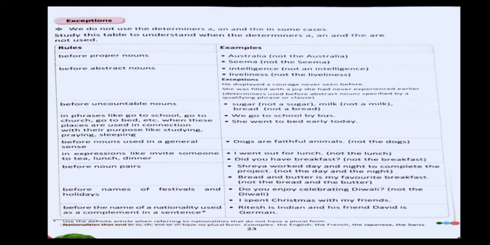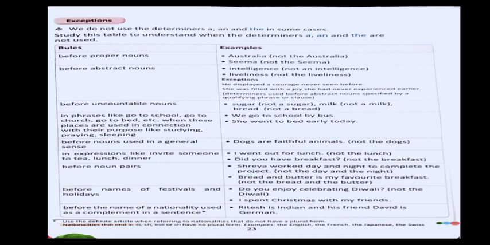Then before names of festivals and holidays. Okay, whenever we are using Diwali, Holi, or any holiday that we are counting, Sunday, Monday, any day or any holiday, we do not use an article in front of them. Then before names of nationality.